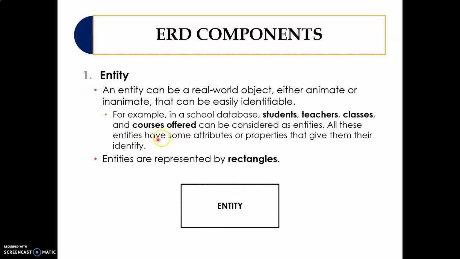All these entities have some attributes or properties that give them their identity. Entities are represented by a rectangle. The first step is to list the entities that you identify during the fact-finding process. You need to consider the nature of the relationships that link between them.